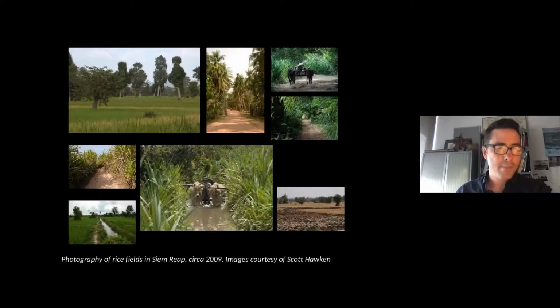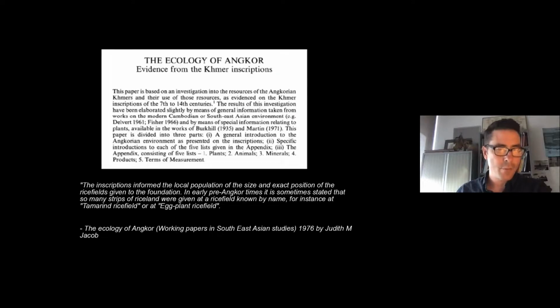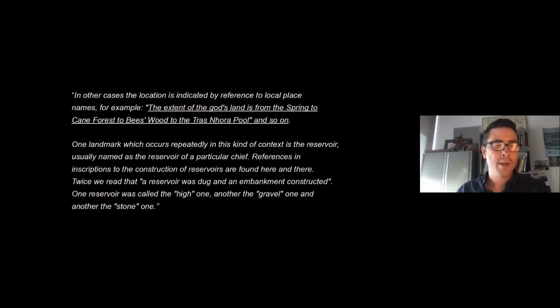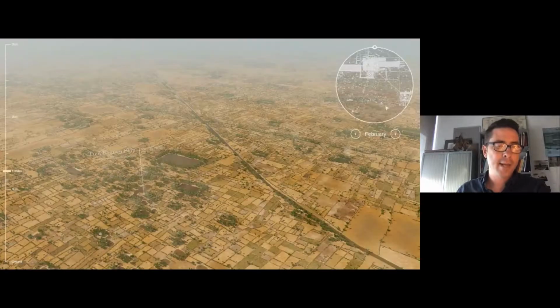And you can see, back here when Judith Jacob was talking, she said that the inscriptions informed the local population the size and exact position of the rice fields. So in early Angkorian times, they were sometimes just given colloquial names. They were called the tamarind rice field or the eggplant rice field, whatever the orchard was around them. But they did have names.